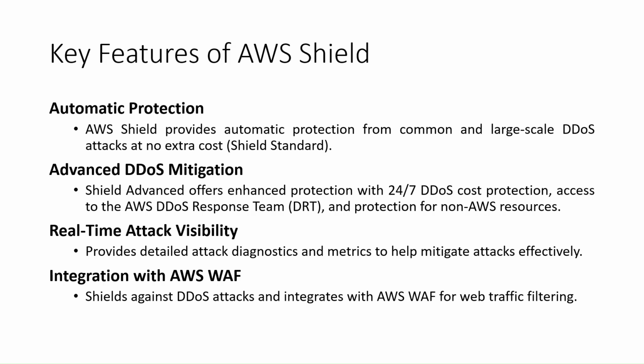AWS Shield works alongside the AWS Web Application Firewall to offer even stronger protection. While Shield focuses on defending against DDoS attacks, AWS WAF helps filter web traffic to block harmful requests, and it gives you a more comprehensive defense.